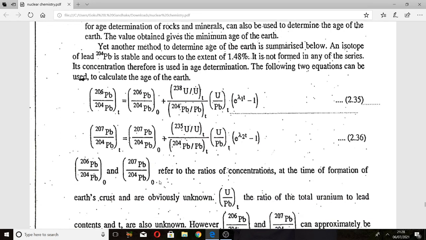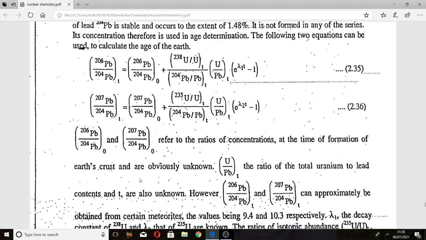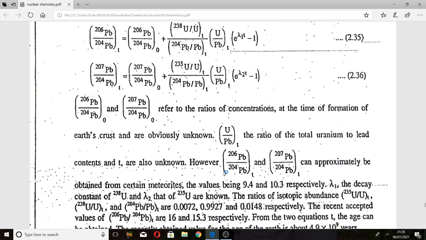In these two equations, the terms lead 206 divided by lead 204 at 0 and lead 207 divided by lead 204 at 0 refer to the ratios of concentrations at the time of formation of the earth's crust, and are obviously unknown. The ratio of total uranium to lead content at t is also unknown.